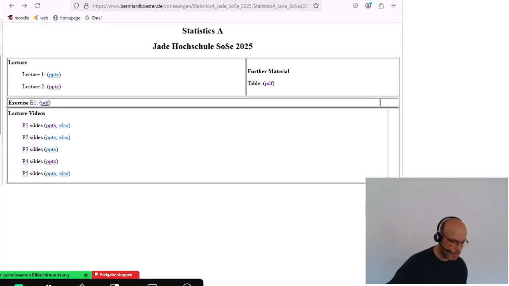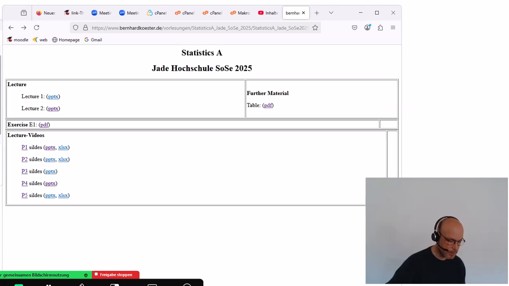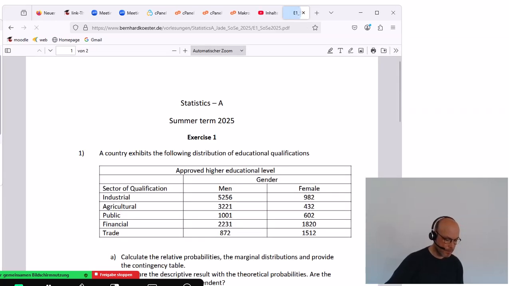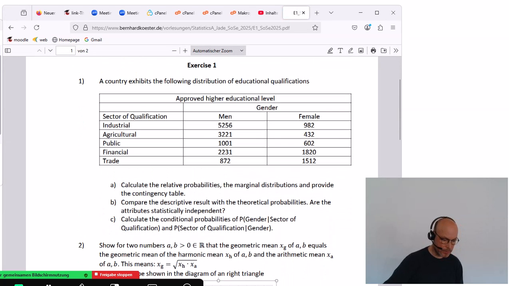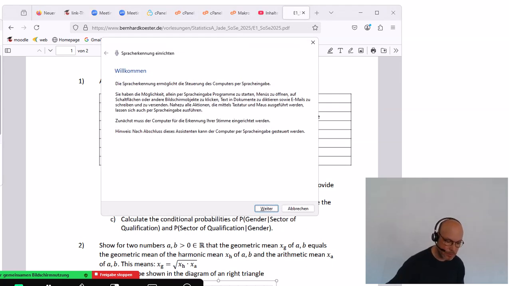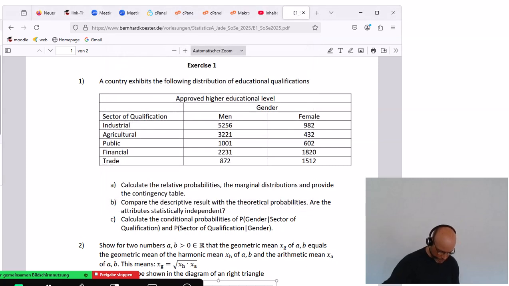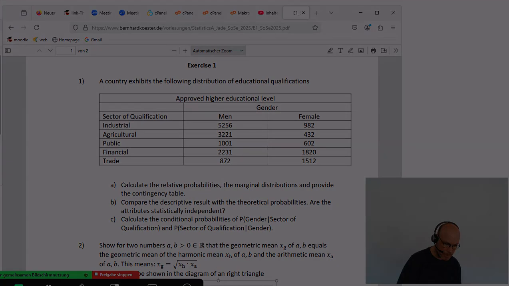Oops, the exercise. There I also ask you to have a look inside this. This one. Yep.